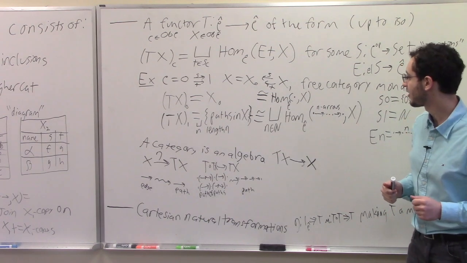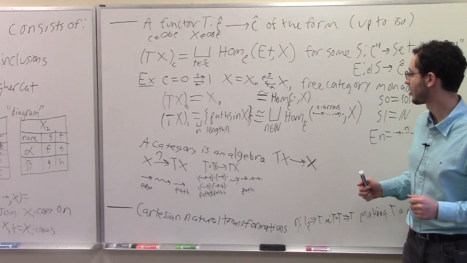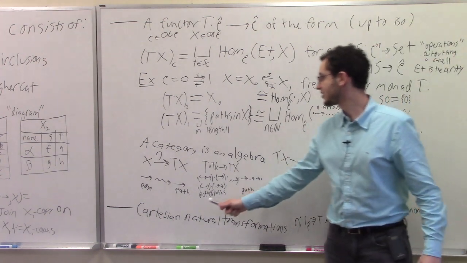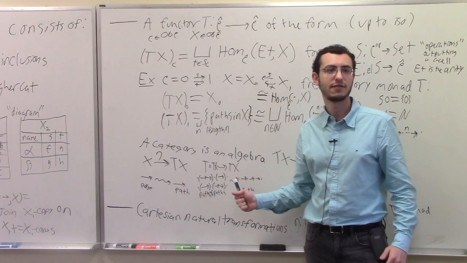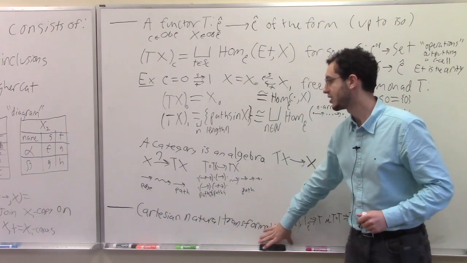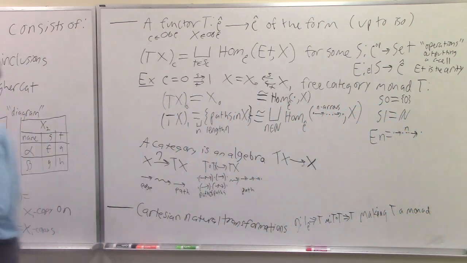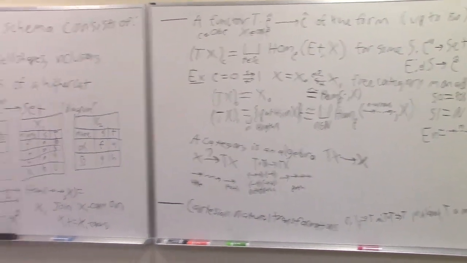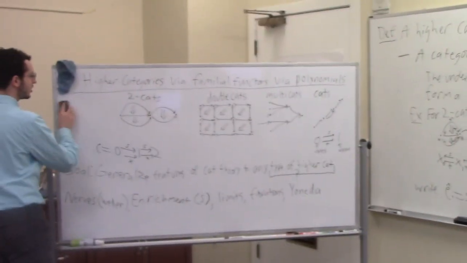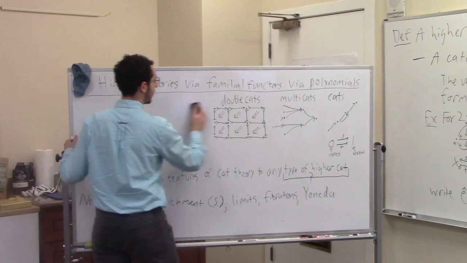Yeah, so maybe I've been a bit unclear about that. Cartesianness is not giving us associativity. What Cartesianness says is the following.